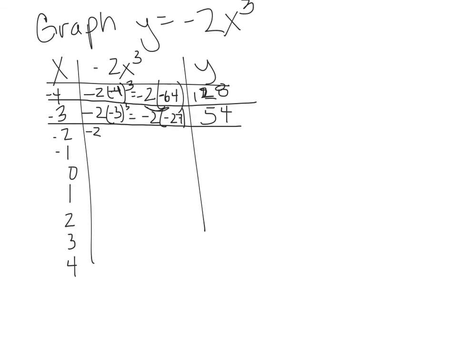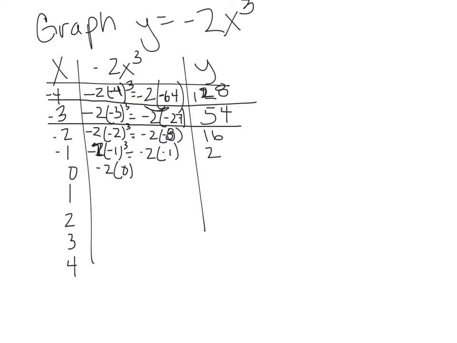So negative 2 times negative 2 to the third is negative 8. Negative 8 times negative 2 is going to be positive 16. Negative 2 times negative 1 to the third is going to be a negative 2 times a negative 1. So it's going to be a 2.